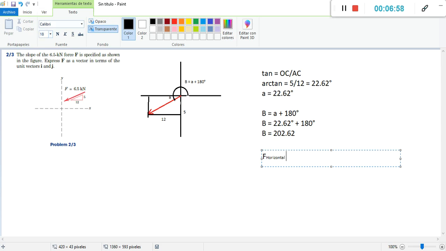we find that the force is 6.5 kilonewtons times i times cosine of 202.62 degrees.